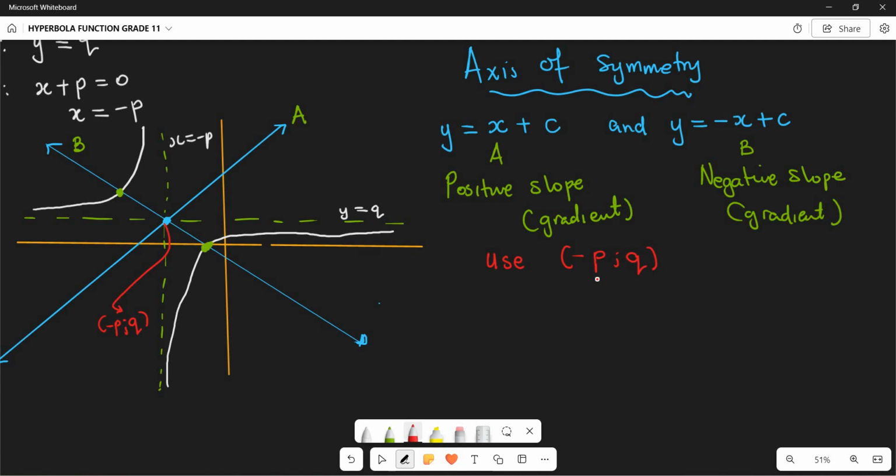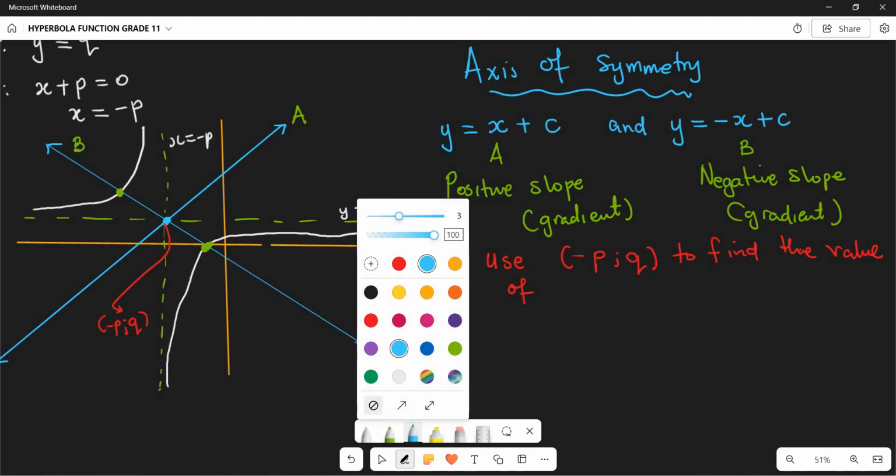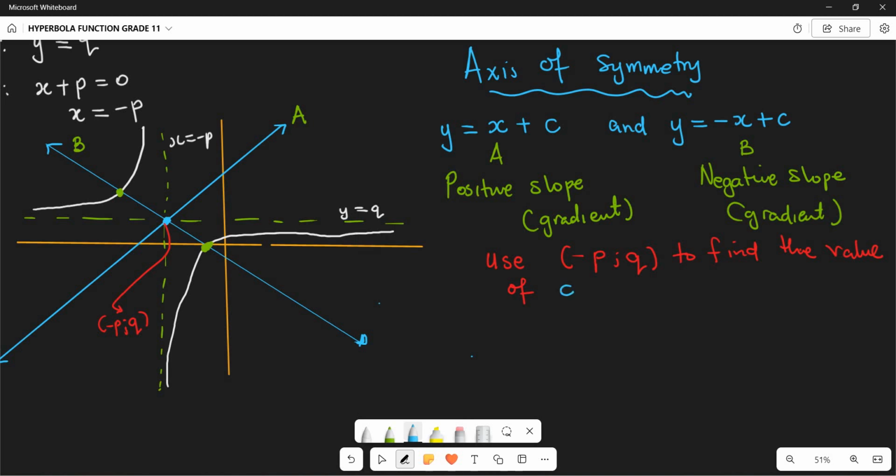Whatever P is or Q is, that's the coordinate you're going to use to find the value of C.